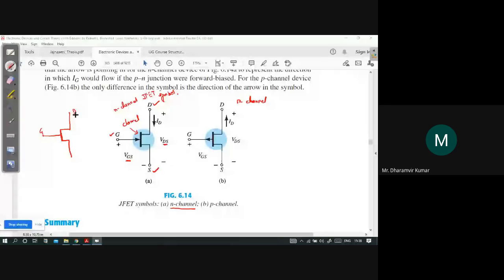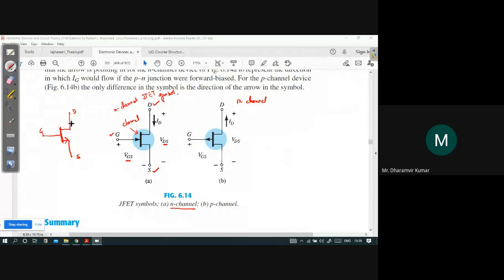Now instead of giving the arrow here, in some books you may find the arrow coming out at the source terminal. So here the arrow is going inside at the gate terminal, and here at the source terminal it is coming out in the same direction. So this also is for N channel JFET.